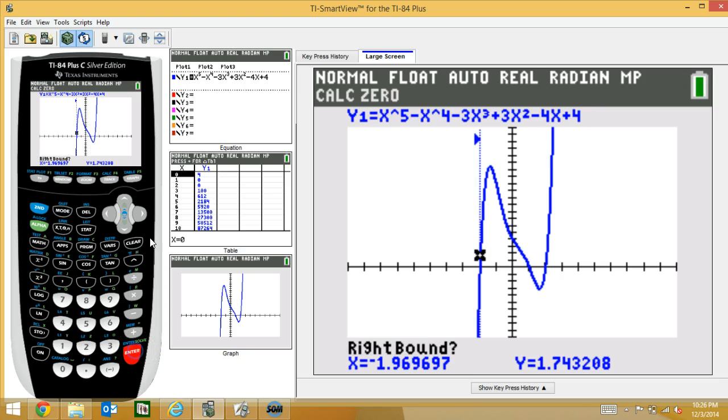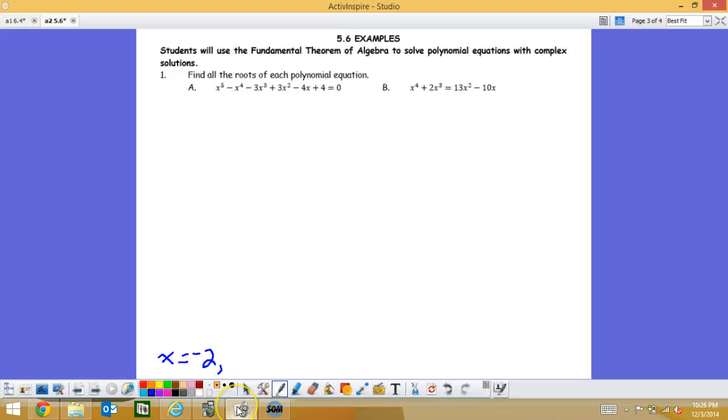I'm to the left of it, so that's good. And I'm going to right arrow until I go to the right of it. Sounds good. And that is in fact 1. So I'm going to go ahead and write 1 down here because I'm finding all the roots of this equation.